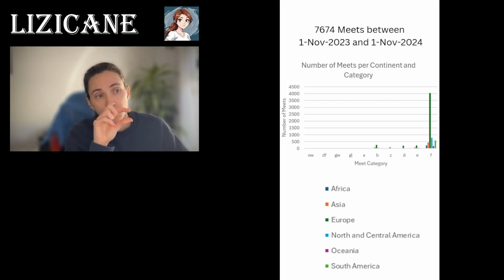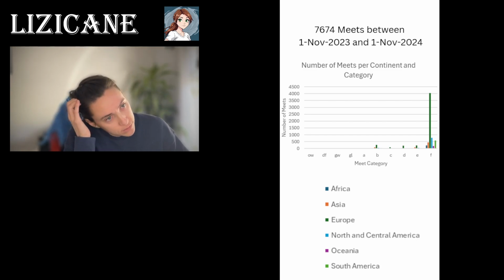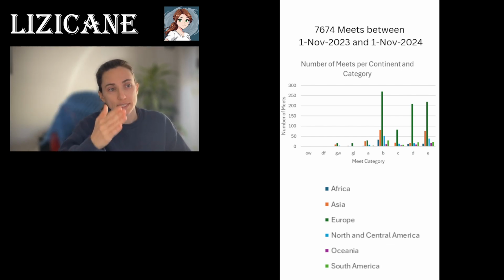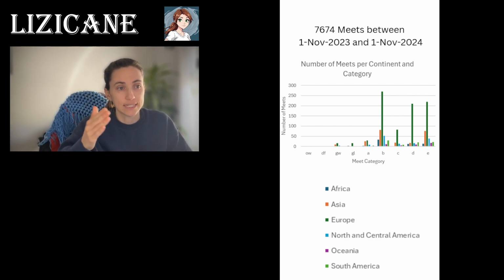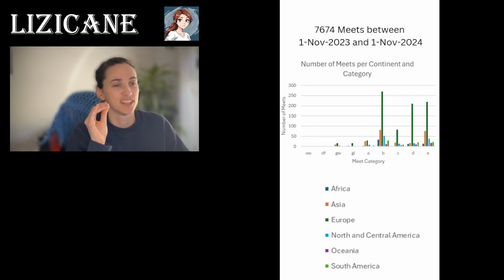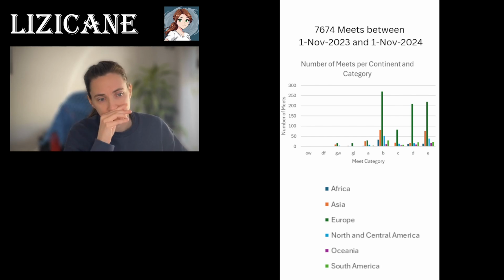All the rest of them are fractions of that. So we get rid of F, that way we can focus in on seeing B, C, D, and E. And the same thing, basically each one of these categories has this strong green bar in all 4 of them. The rest of the continents are all listed to be significantly less than those strong dark green bars.